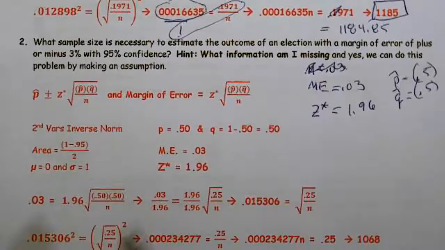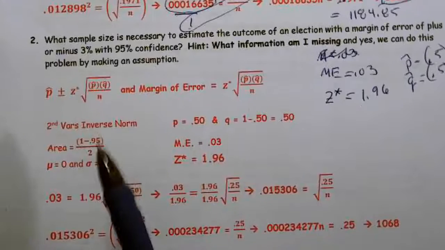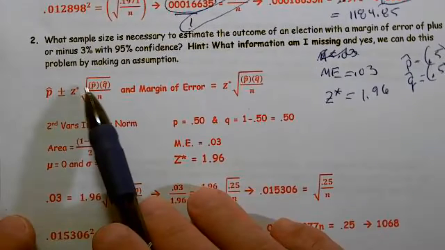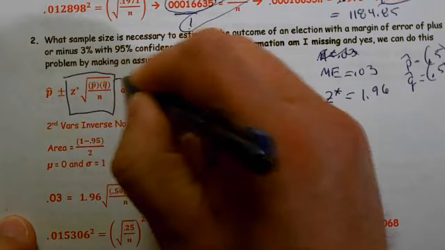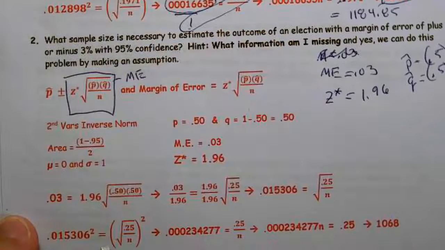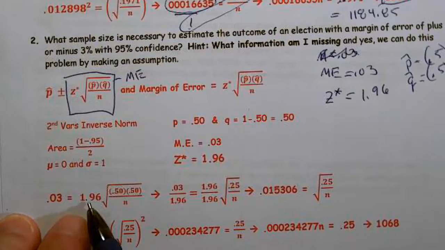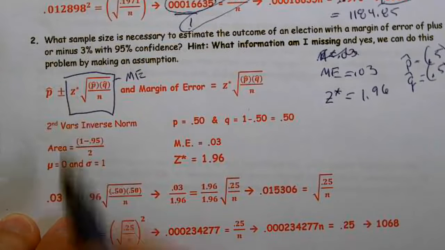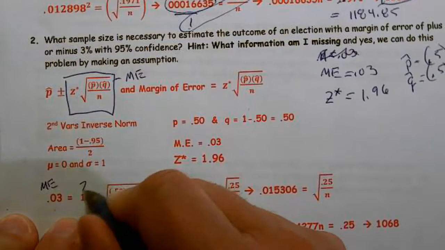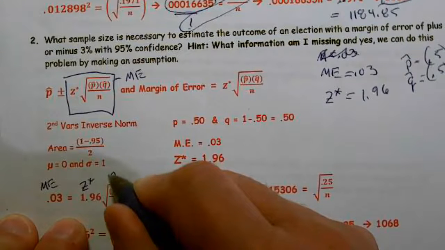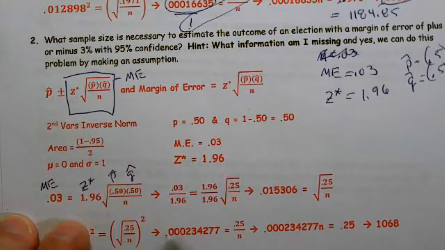Okay, so plugging into our formula, because once again, I like using the confidence interval. So this part right here is the margin of error. So 0.03 equals Z star, because this is my margin of error. This is my Z star. Here's my P hat and my Q hat.